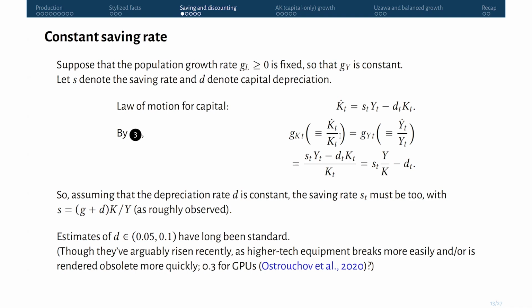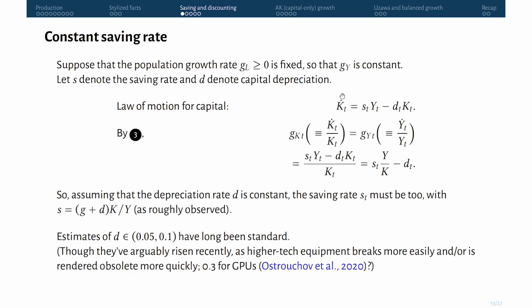Let S denote the saving rate, the fraction of output every period that's getting not consumed, but turned into capital for the future. And let D denote the rate of capital depreciation. The first thing to notice is that capital is going to grow in absolute terms like this. This will be the law of motion for capital.